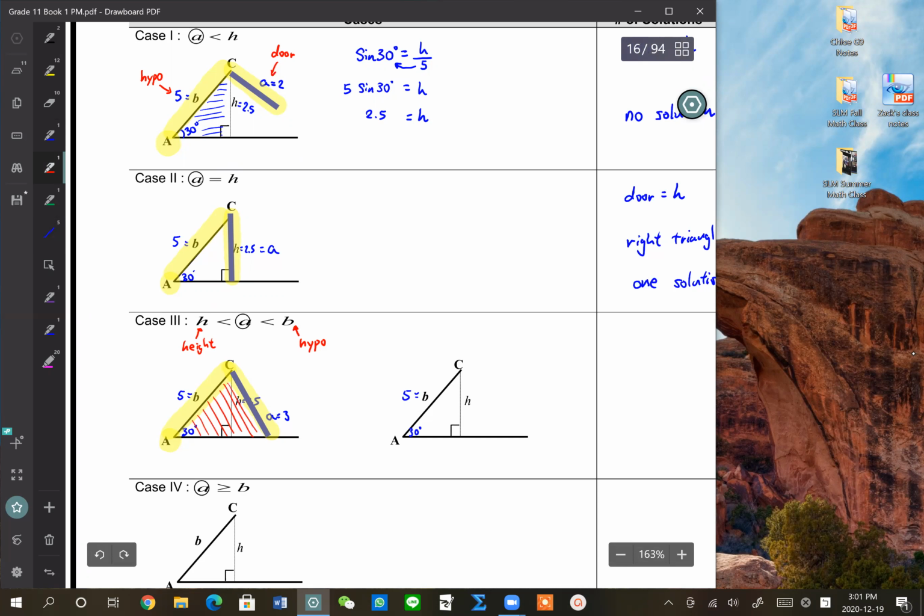Does anyone know? Where can I put the door so it still makes a triangle, so that it still touches the base? Is there another place?